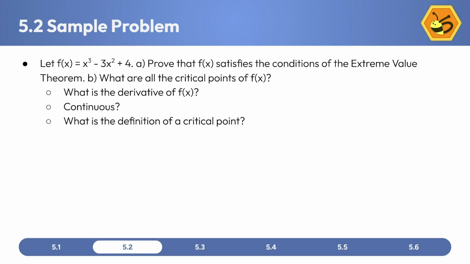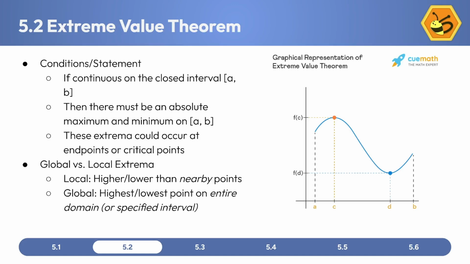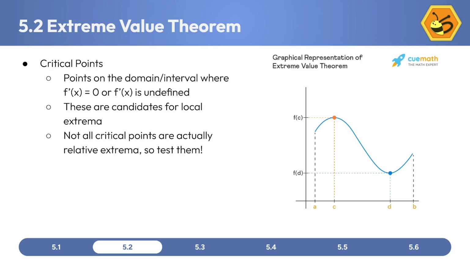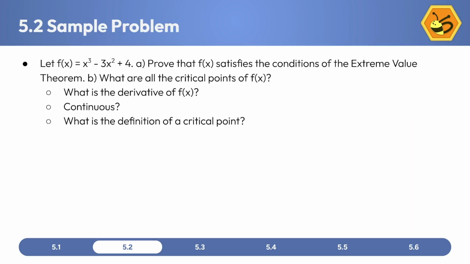Actually, you know what? I think that's true on what Viper is saying. Actually, let me think. I think that might have been my bad. So you can still find the critical points. However, for the extreme value theorem, you would actually need an interval.